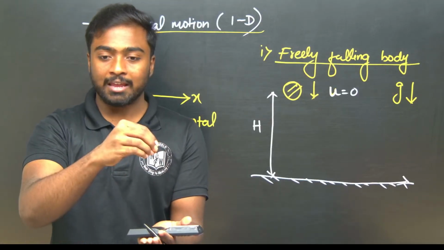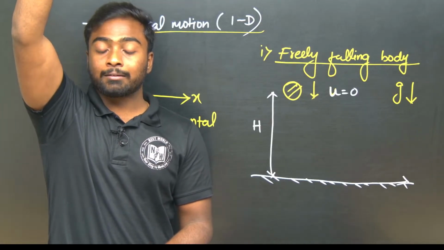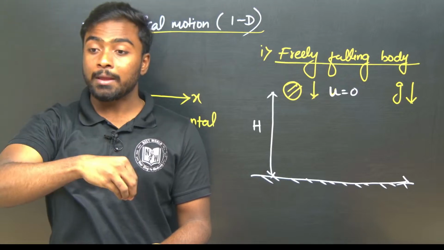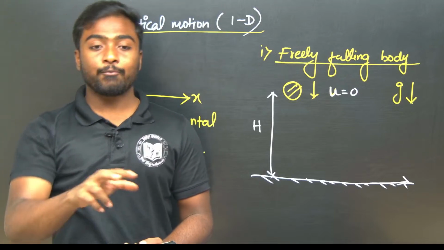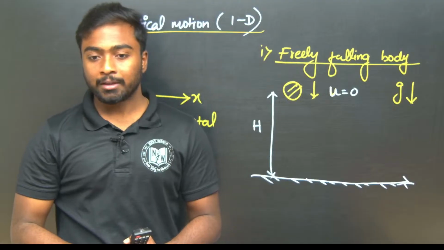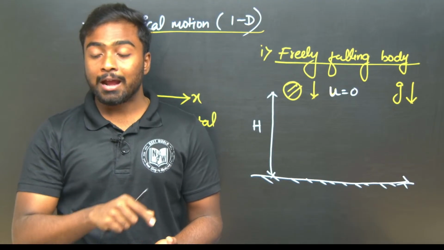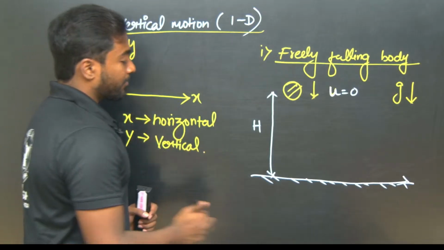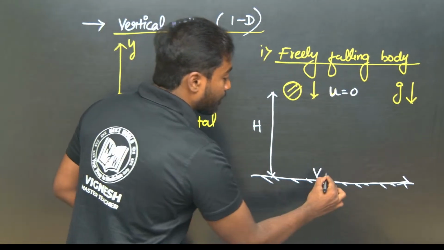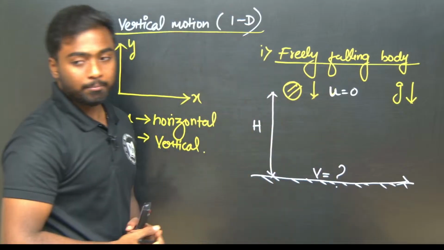But if I leave the same object from a 100 centimeter height, the impact will be more, which means the velocity is increasing. It's because of height and gravity. Let me consider the final velocity is v. I need to find v.